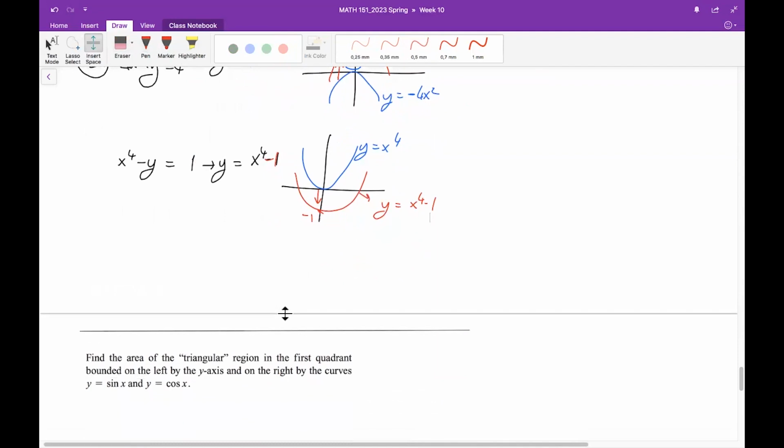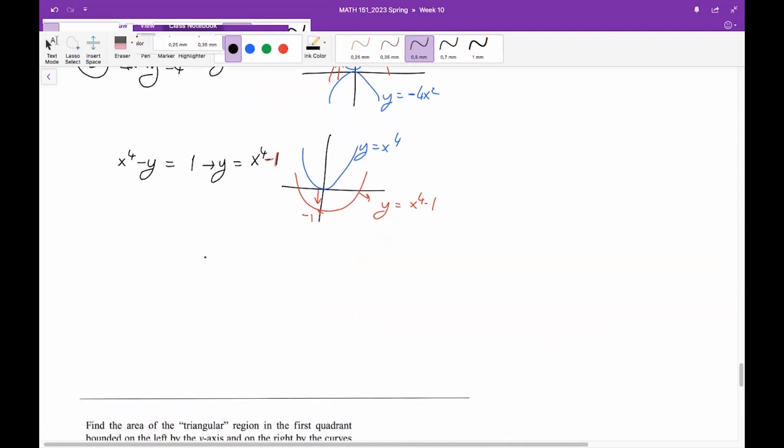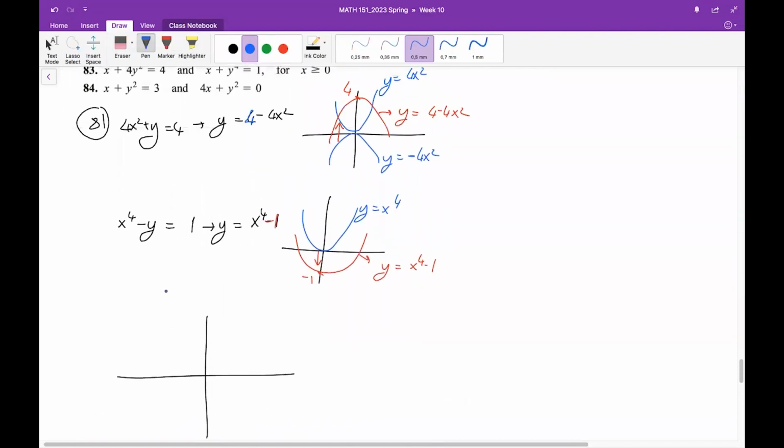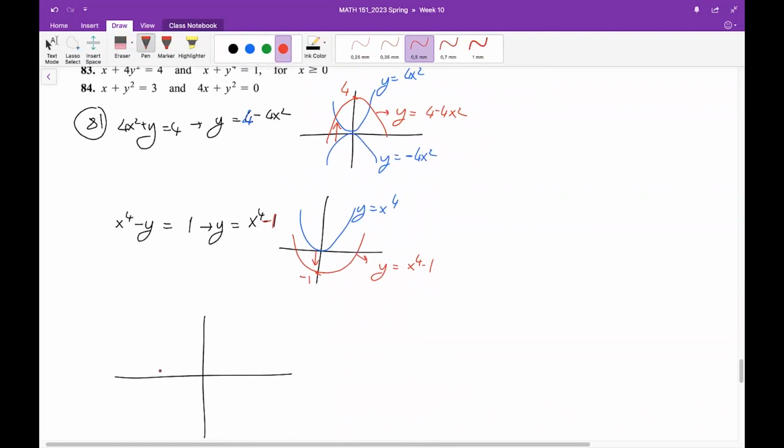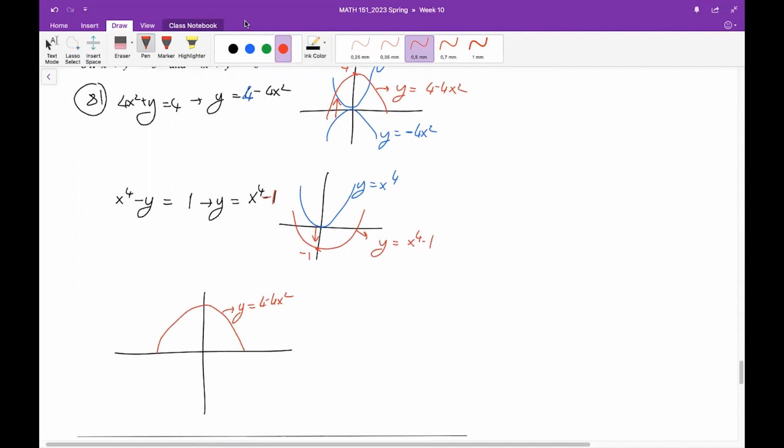Let me draw them over the same coordinate axis so that we can see the enclosed area between these two curves. This is the first parabola whose equation is y equals 4 minus 4x squared. And this is the second parabola, like that, whose equation is y equals x to the power 4 minus 1.